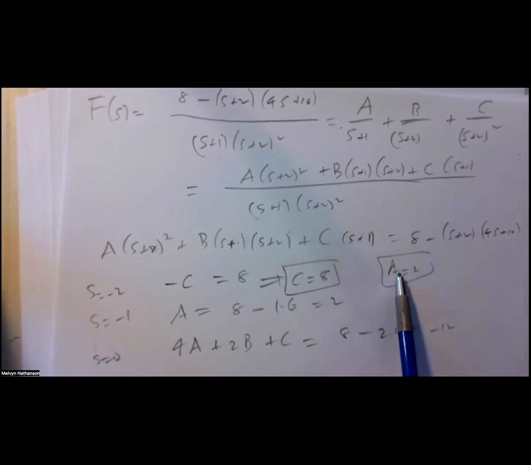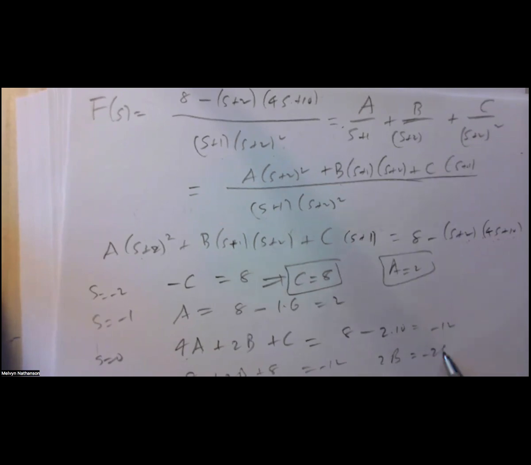Of course, 4a, a is 2, so 4a is 8, plus 2b, c is 8, plus 8 equals minus 12.